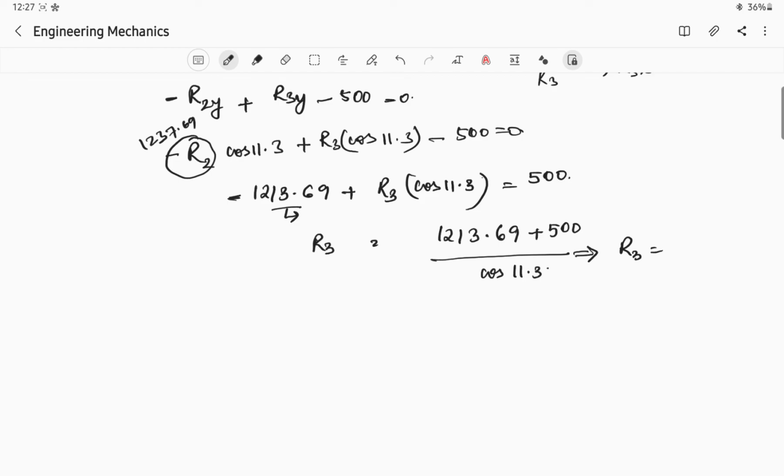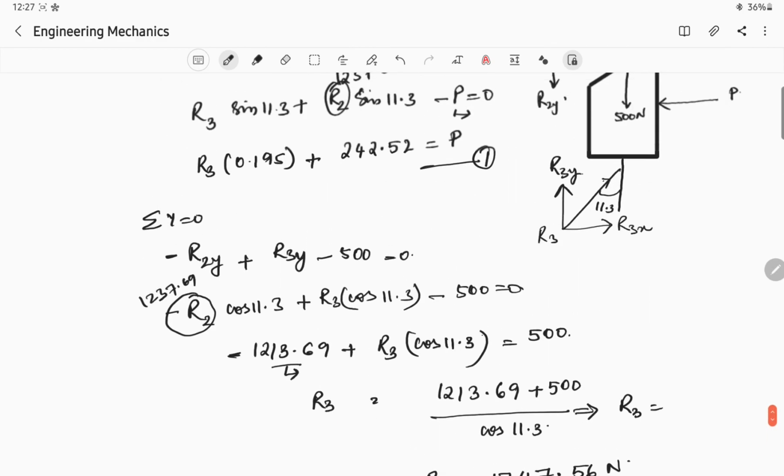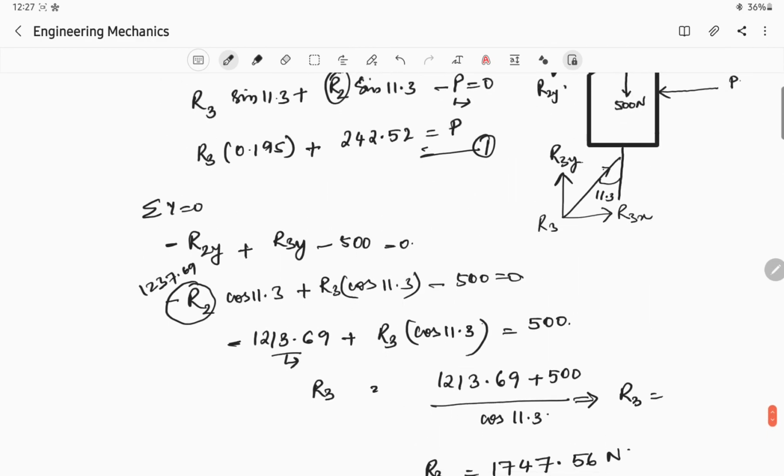You will get it as 1747.56 newtons. Now you substitute the value of R3 in equation number 1, and you will get the value of P.